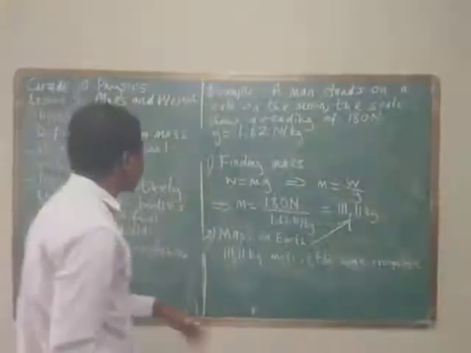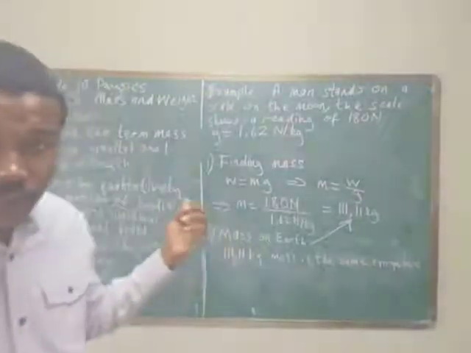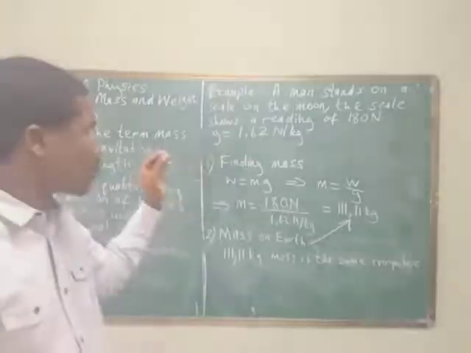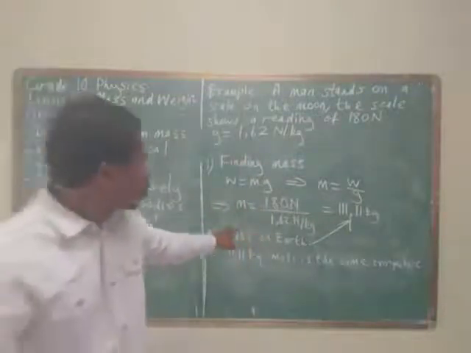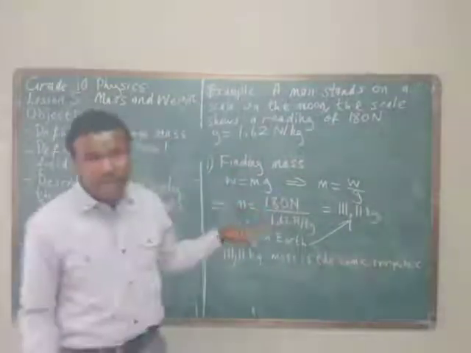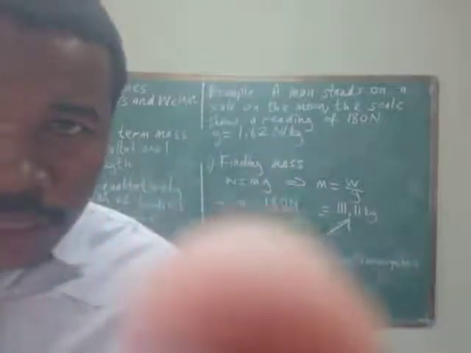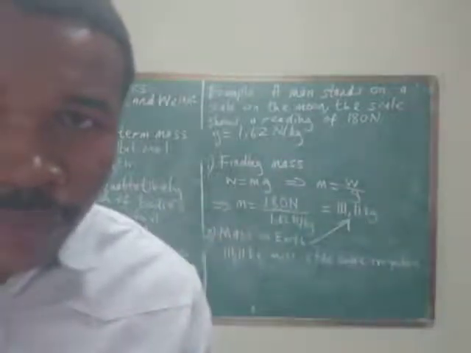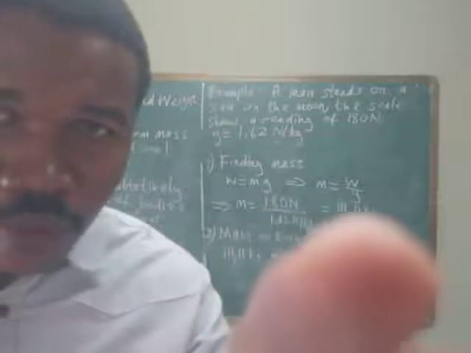I hope you were able to do this simple calculation where the man was standing on a scale on the moon and his weight on the moon was 180 newtons. For finding the mass, weight is equal to mg, so when you make m the subject, m is equal to W over g.